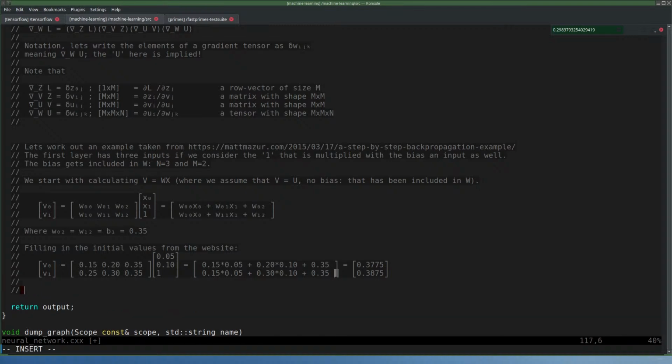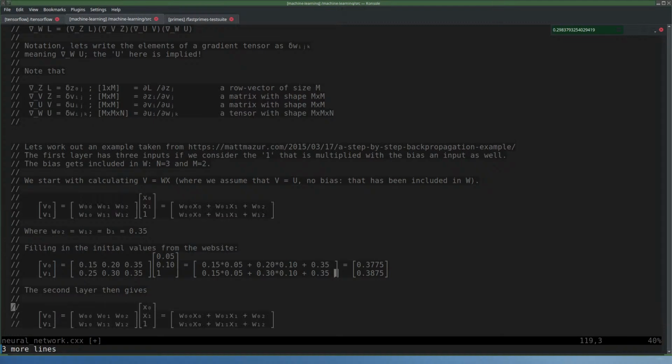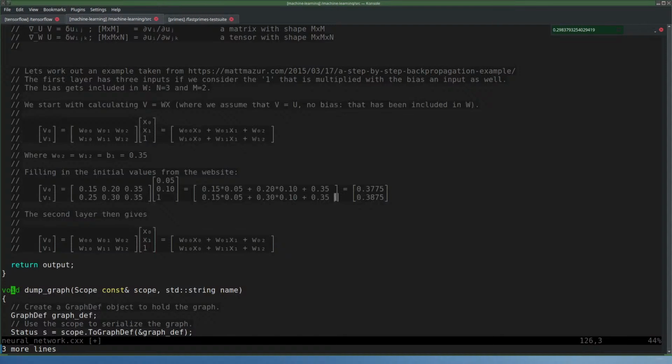Yeah, the thing has 2 layers. I'm afraid we just have to do it. The second layer then gives, and now we fill in here the output that we previously had, but after doing the activation function.